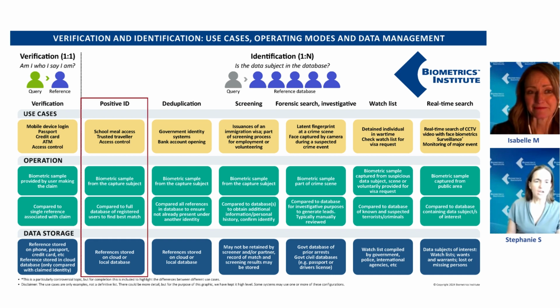Right. Yeah. So moving just kind of one column over to that positive ID column, it's really doing very much the same thing as the one-to-one. But in many cases, there is a database, and you don't want to have to make a claim to say, like, I'm Stephanie, and then it pulls out just your reference to do a one-to-one. It's much easier if it just is the database and says, oh yeah, Stephanie's in there. And so, some examples of that, school meal access or access to a facility, you just kind of want to walk up and the door opens and that's it, right?